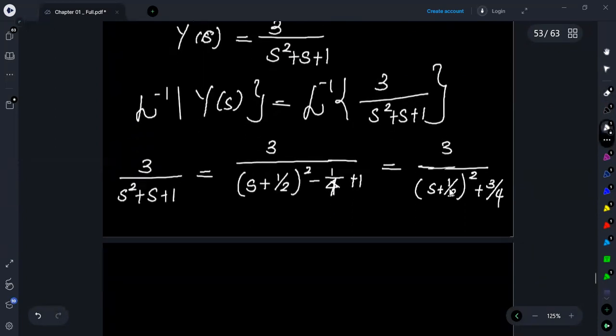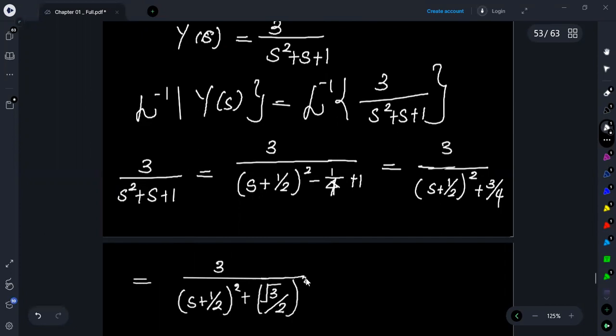Then we can rewrite this as 3 over (s plus half) to the power 2 plus (square root of 3 over 2) to the power 2. Let's bring this 3 out.